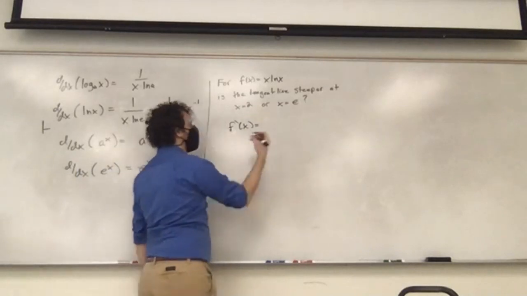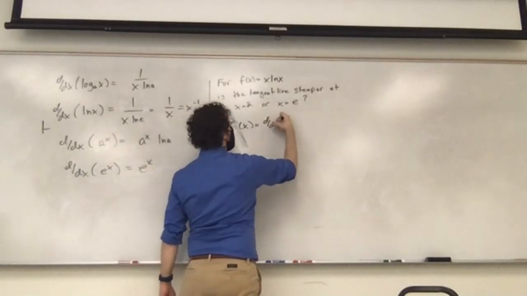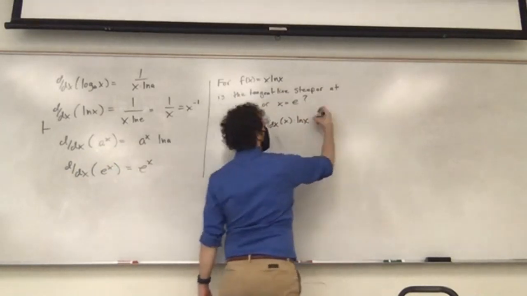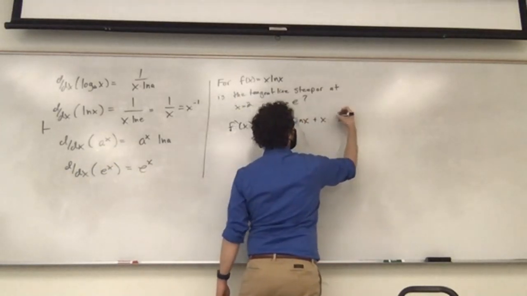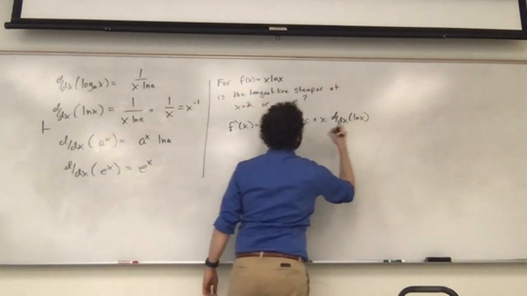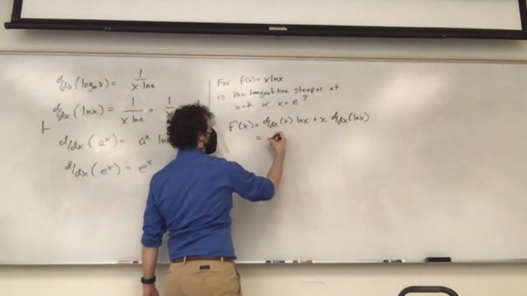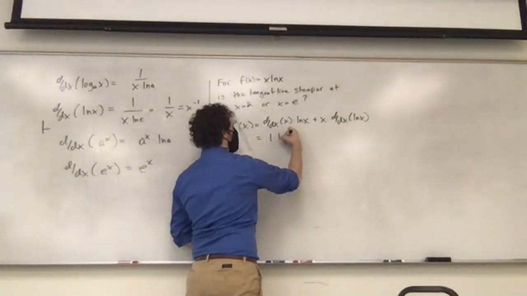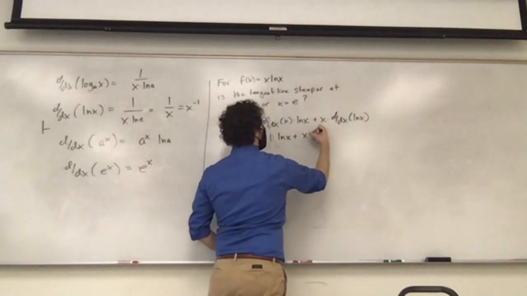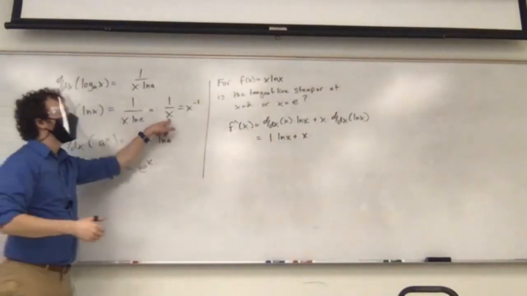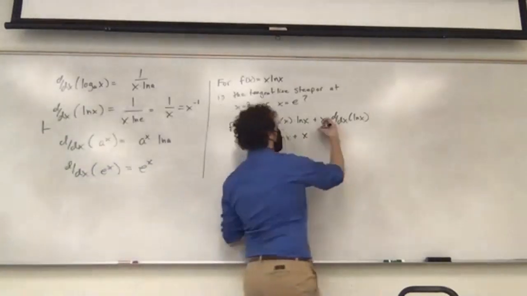Writing out the product rule, that's the derivative of the first function x times just the natural log, and then flip it, just x times the derivative of the natural log. x doesn't have a power, so that becomes 1. The natural log of x, our new rule, says that becomes 1 over x.